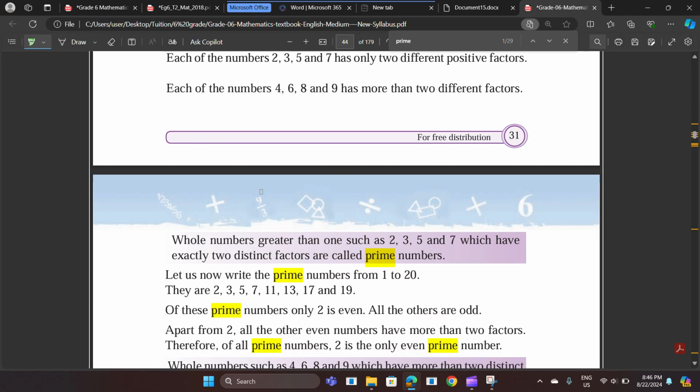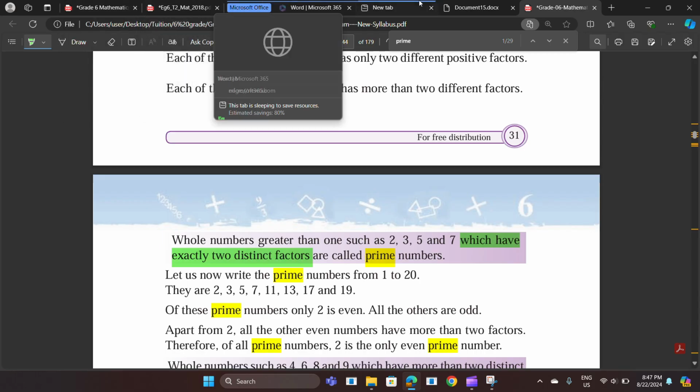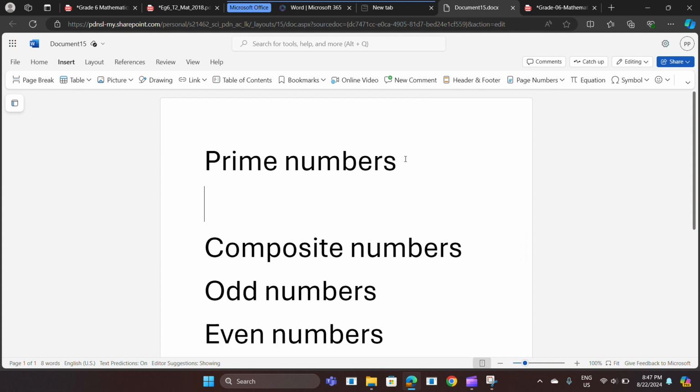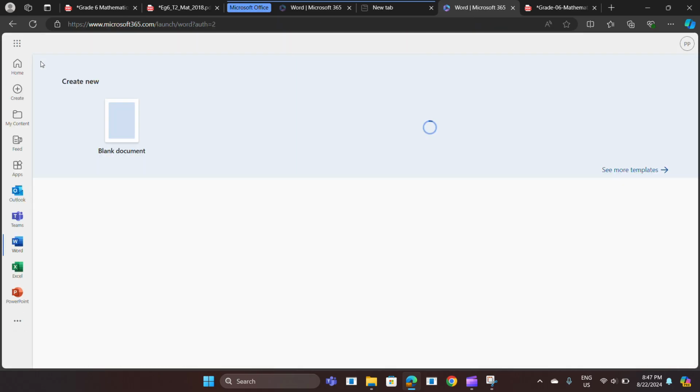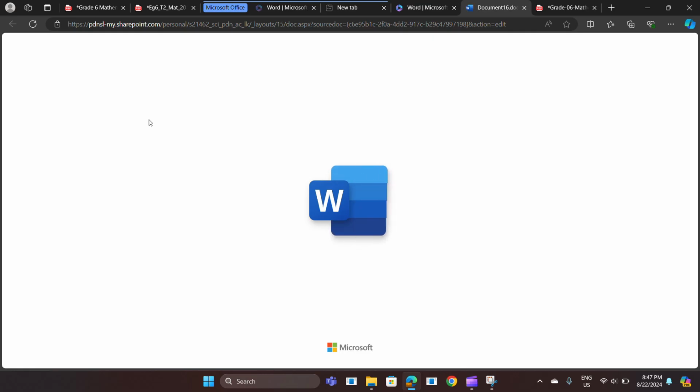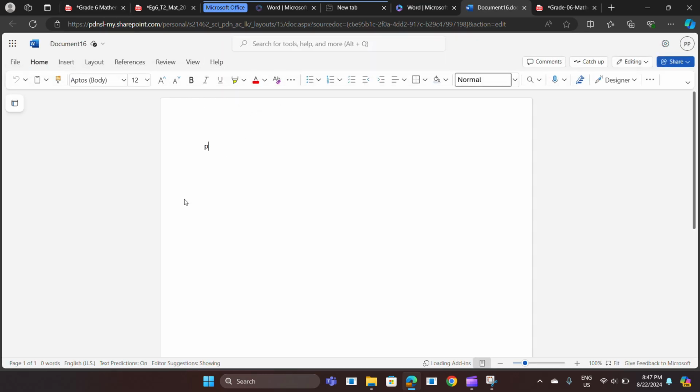These words are important: which have exactly two distinct factors. Prime numbers should be greater than 1.